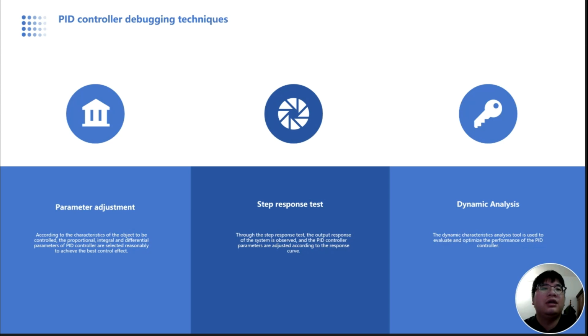Parameter tuning itself, which is an intuitive process, step response test by giving the system a step signal and observing its response curve to determine the quality of parameters.